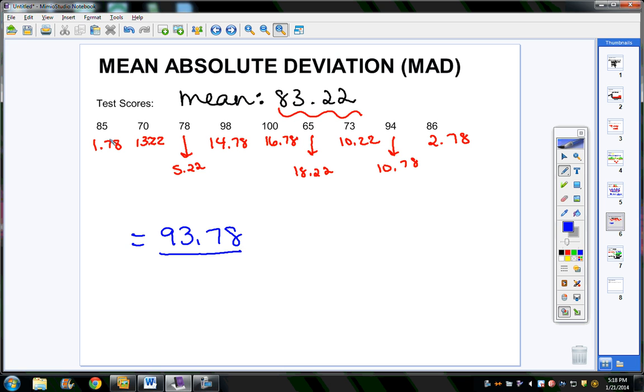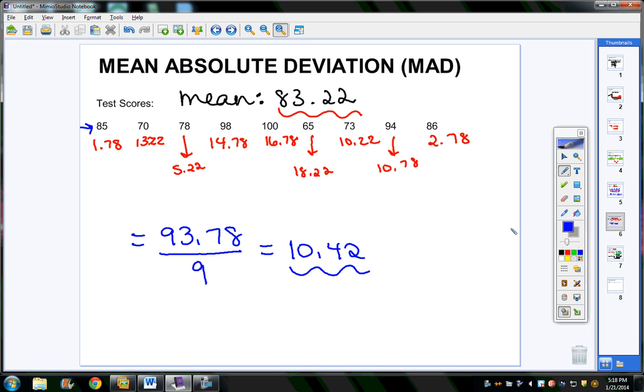But I'm dividing it by 9 numbers, because there are 9 numbers in our data set. And I get 10.42. So the mean of the original numbers is 83.22. The mean absolute deviation, meaning the average of how far they are from the mean, is 10.42, which isn't terribly high, but it's a little bit high.